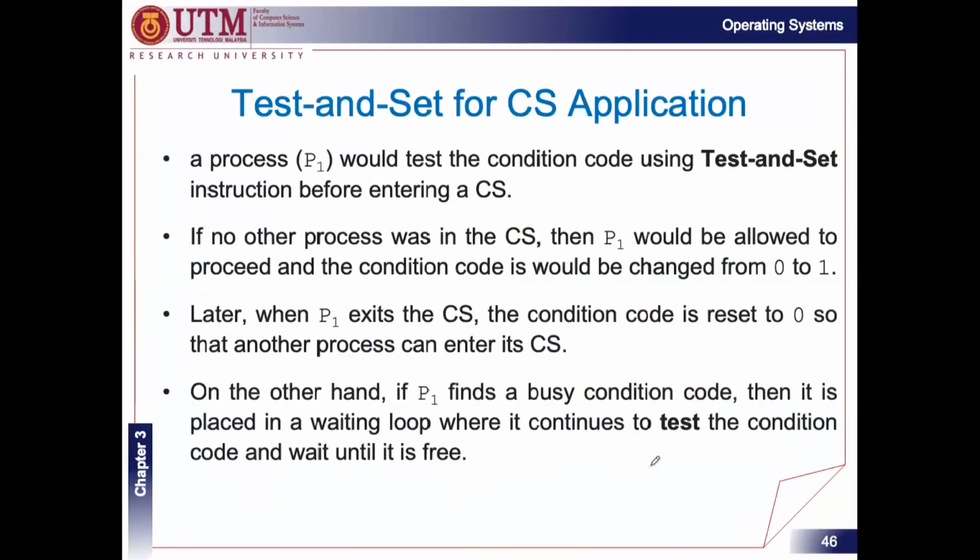Next, test and set for CS application. A process, P1, will test the condition code using the test and set instruction before entering a critical section. If no other process is in the critical section, then P1 is allowed to proceed, and the condition code is changed from 0 to 1.